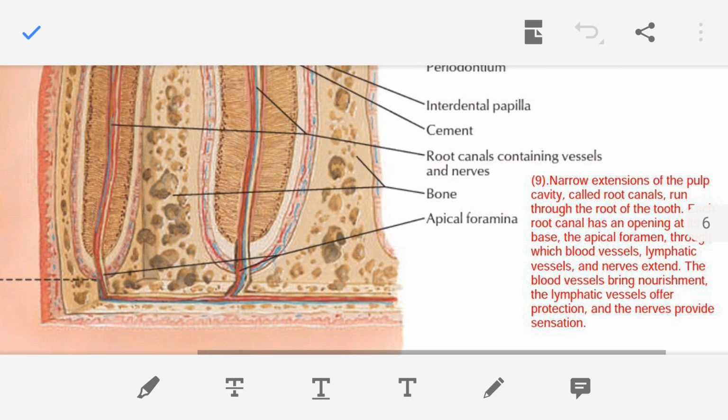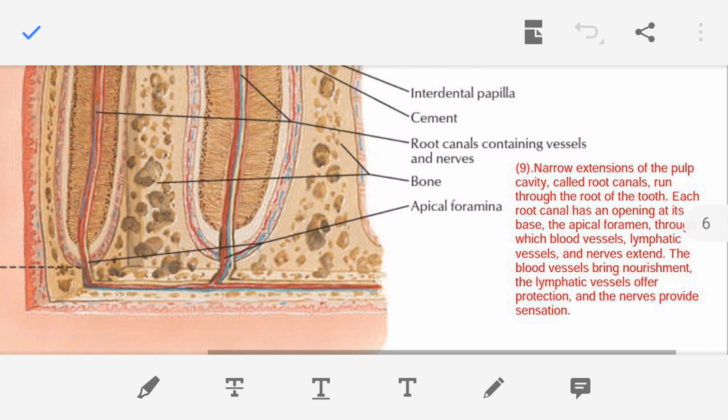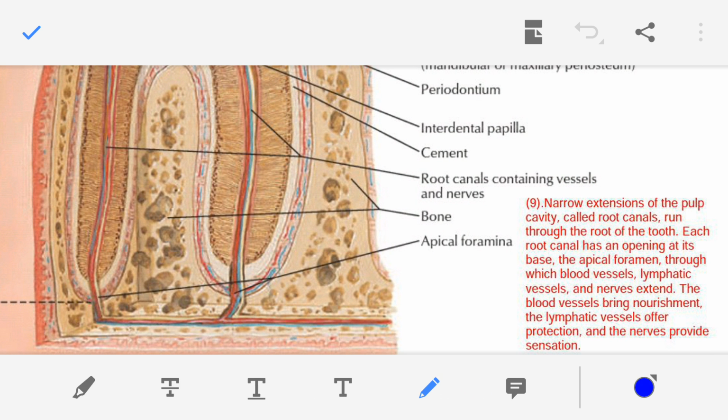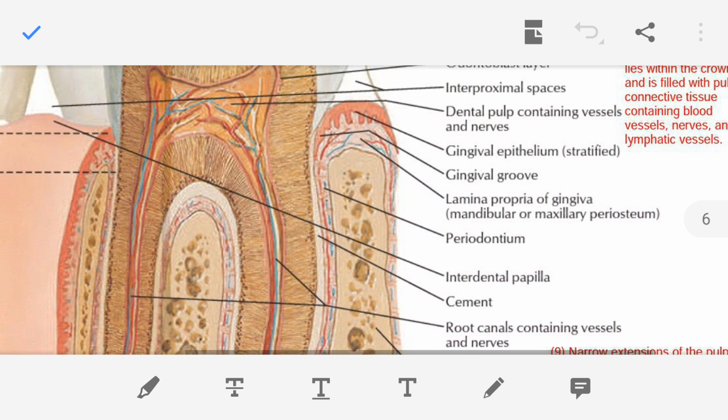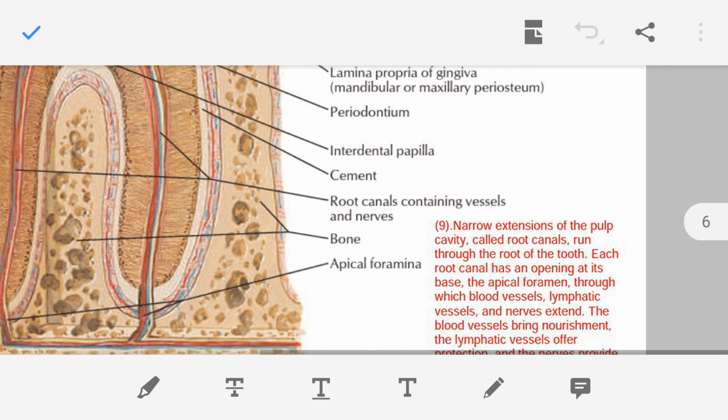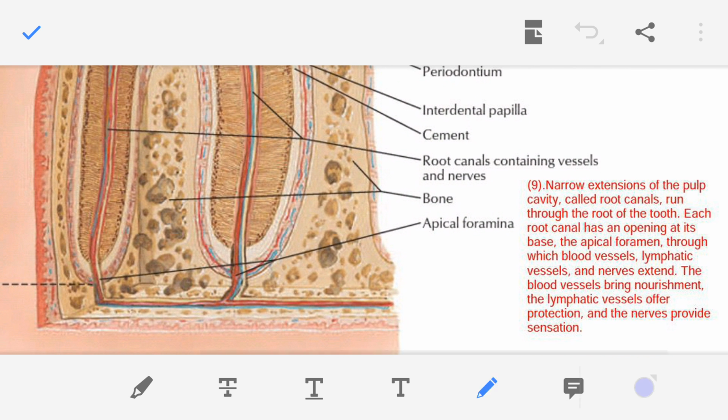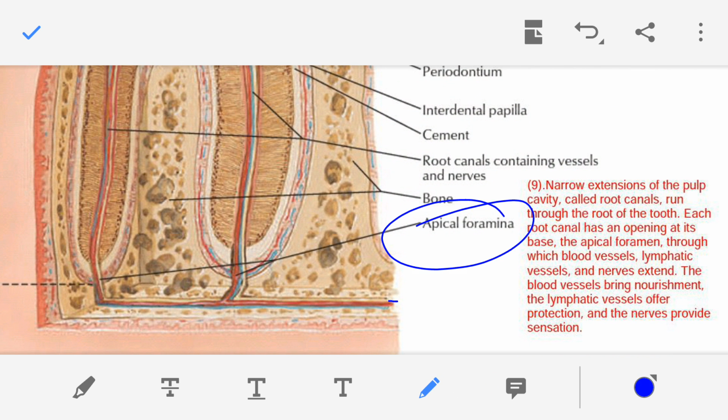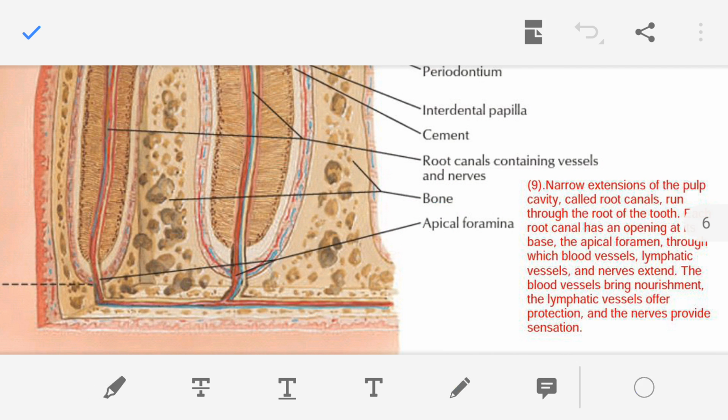From this apical foramina, as you can see, the blood vessels, the lymphatic vessels, and also the nerves are entering into our tooth. So this apical foramina is the passage for blood vessels, nerves and lymphatic vessels inside our tooth.